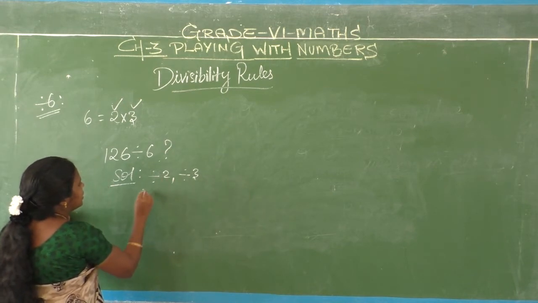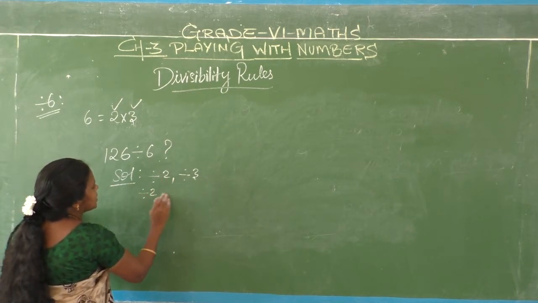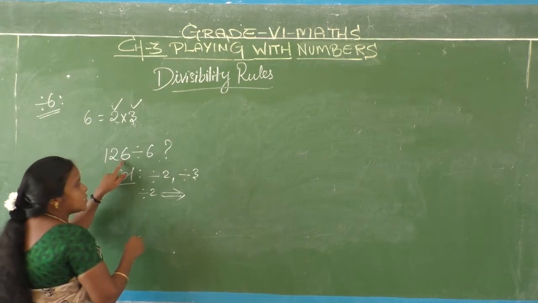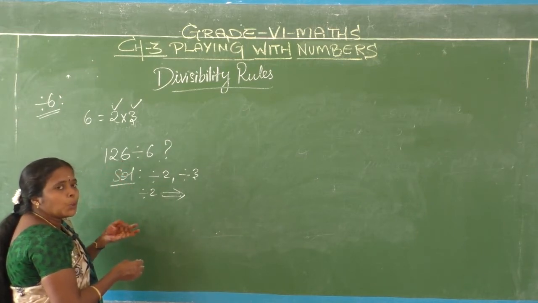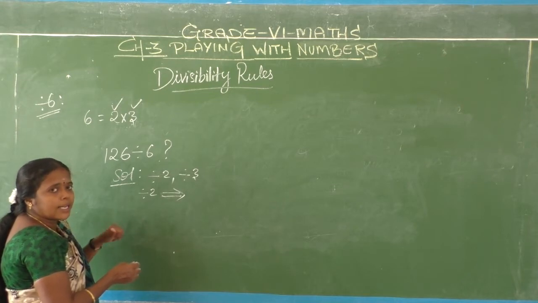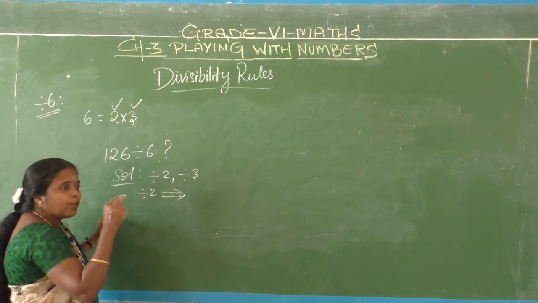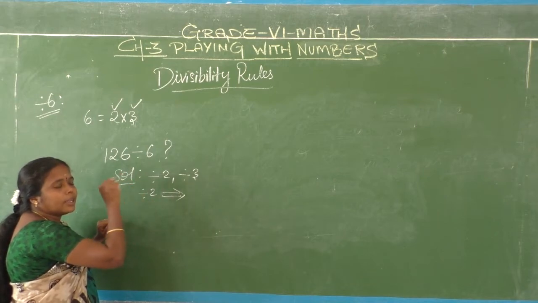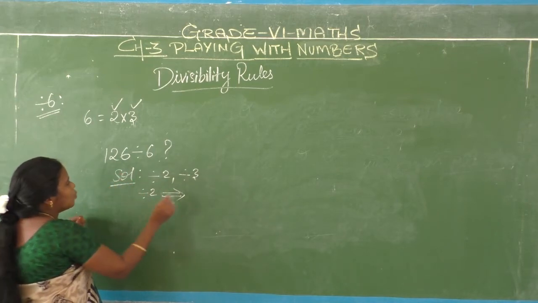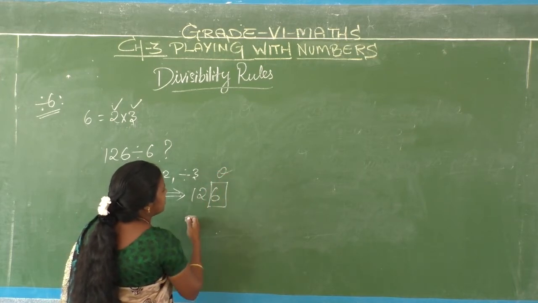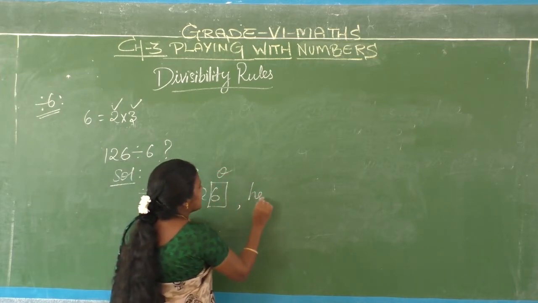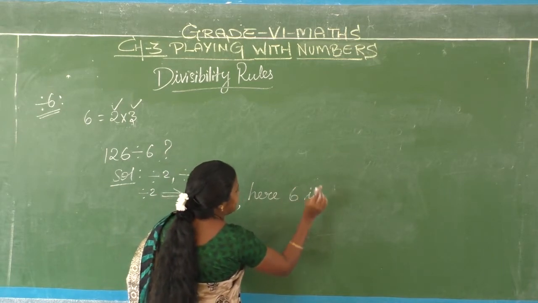First apply the divisibility by 2 rule. What is it telling? The number must have 0, 2, 4, 6 or 8 in its ones place. Among these digits, any one digit must be there in the given number. See, in 126, what is in the ones place? Here, 6 is in the ones place.